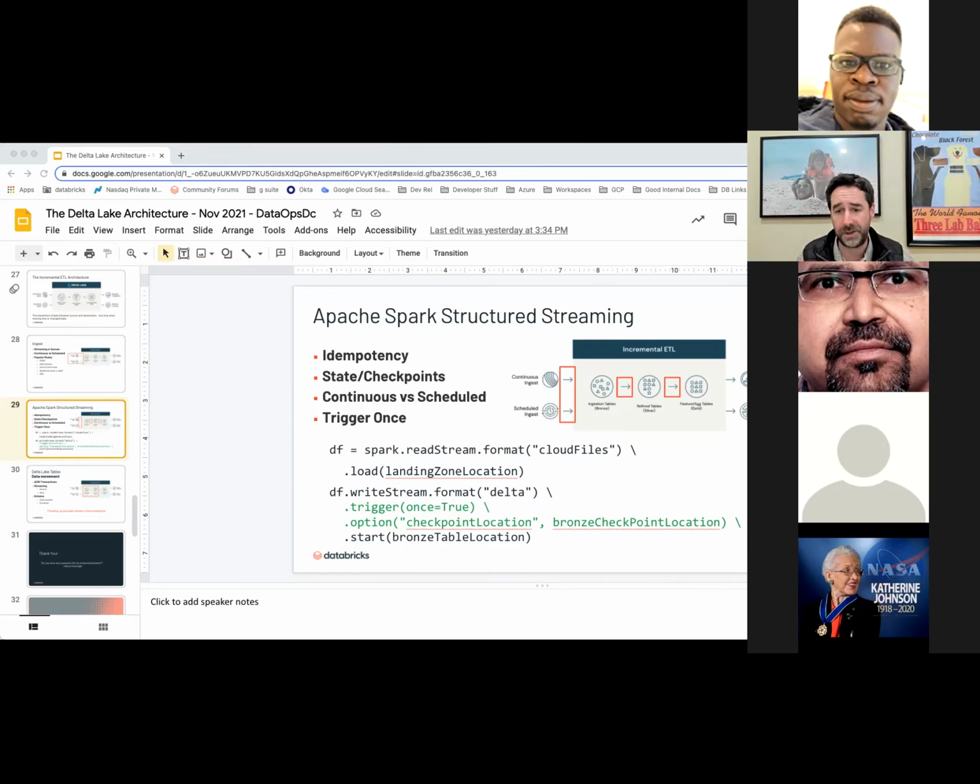So there are pieces that will slow these down, but if you're doing bronze to silver, you can think of a second as probably a normal acceptable amount of time. That's also dependent on the type of infrastructure and the size of your cluster. So other things come into play when you're talking about latency, but getting to some acceptable level of seconds is definitely attainable.